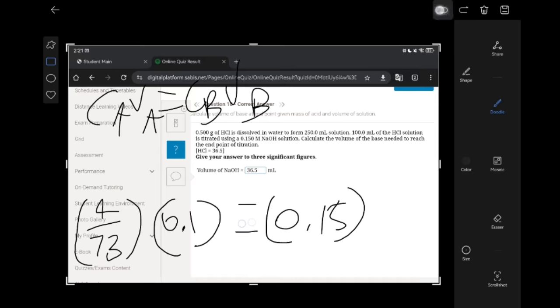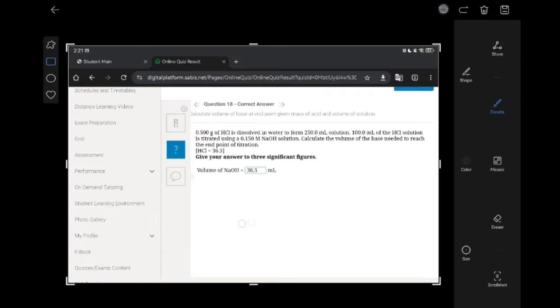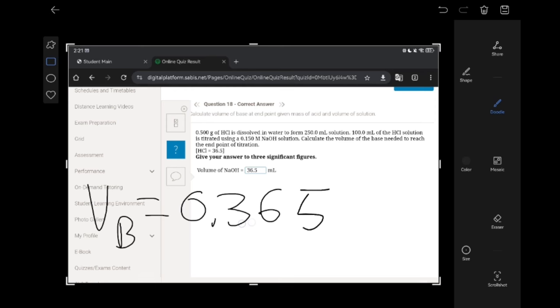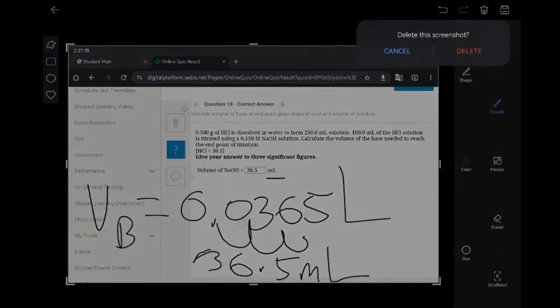So Vb is equal to 0.365 liters. That's why you're gonna think it's wrong. Look, we got the answer in liters, they want it in milliliters. So, sorry, my bad, 0.0365 liters, yeah? So now they want it in milliliters, so you just times by 1,000. So 1, 2, 3, answer is 36.5 milliliters. Always look at the units.